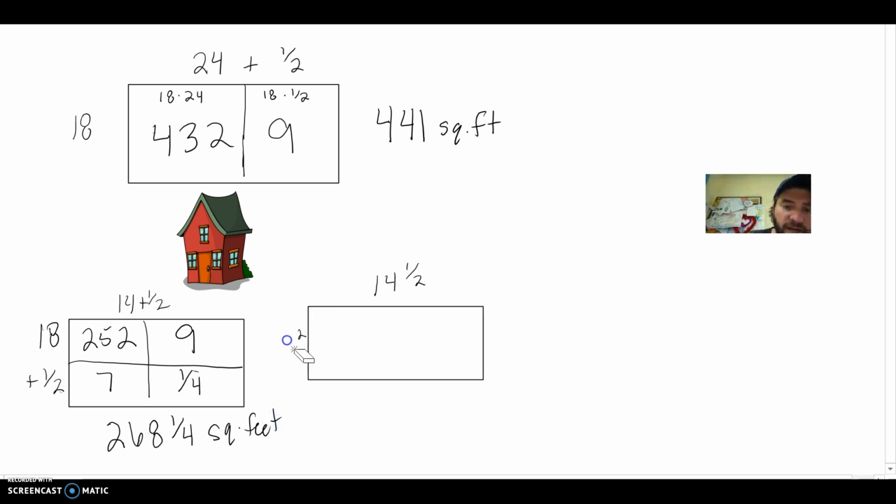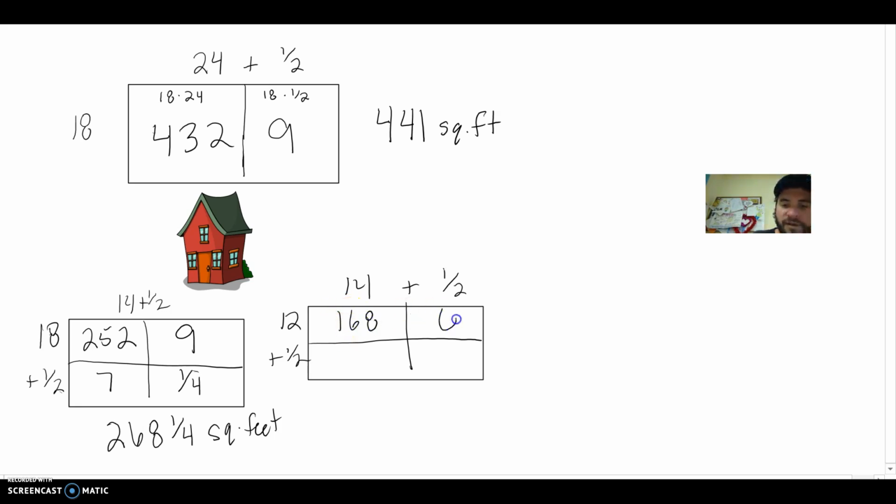All right, here we've got 12.5. So we'll break that up into 12 and a half. And here I'm going to change it to 14 and the half foot over here. And so in this area, I've got 12 times 14, 168.